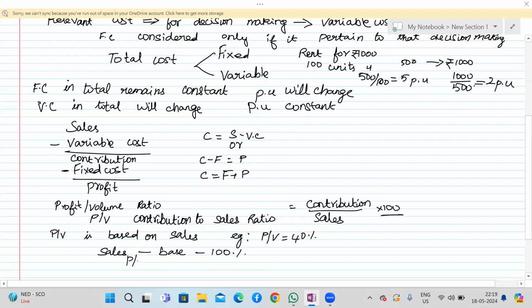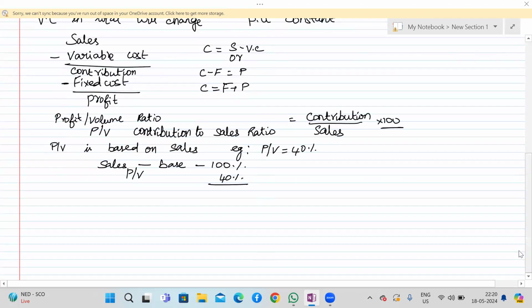So PV, that is contribution ratio, is 40%. So the remaining, 100 minus 40, I will be getting 60. 60 is my variable cost in this scenario. That is sales minus PV is equal to variable cost. So 60% will be my variable cost.